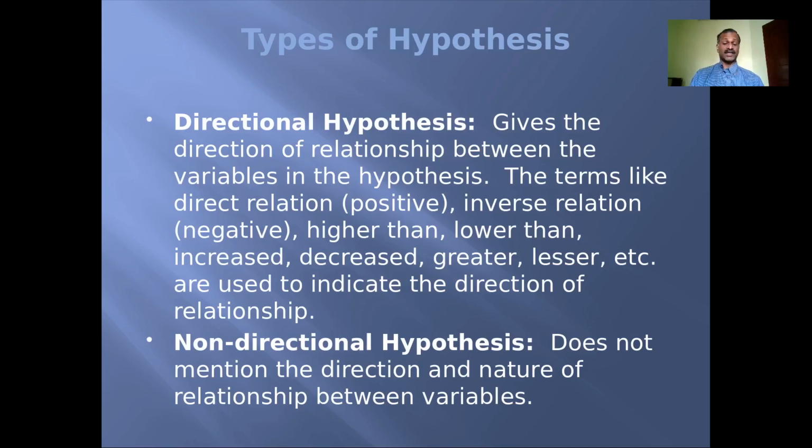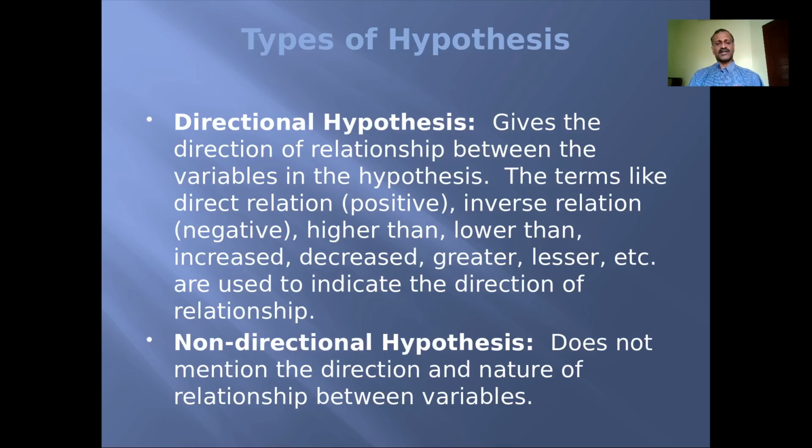Or there will be an inverse relation, a negative relation. Or we say that one is higher than the other, or one is lower than the other, or one increases in comparison to other variables, or one decreases in comparison to other variables.